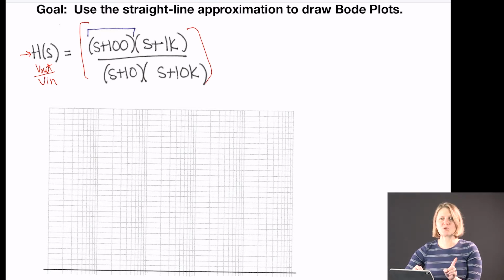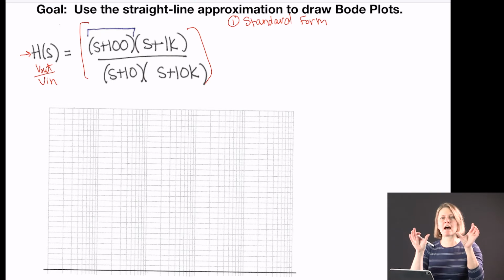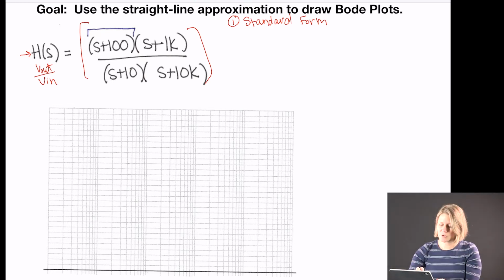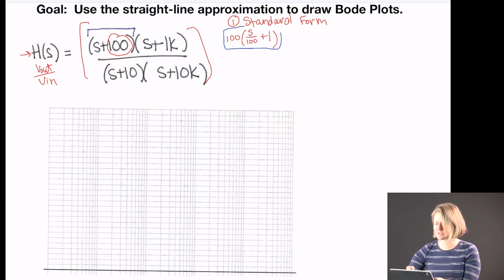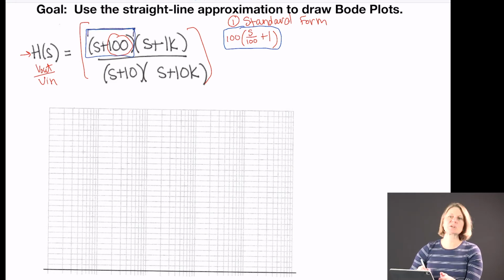So the first step is that we want to get the standard form. The standard form is where any S quantity has plus 1. In order to do that, we take this 100 out, and we have to divide by 100 for that S. Notice that this quantity, 100 times (S over 100 plus 1), is the same as this quantity, S plus 100.